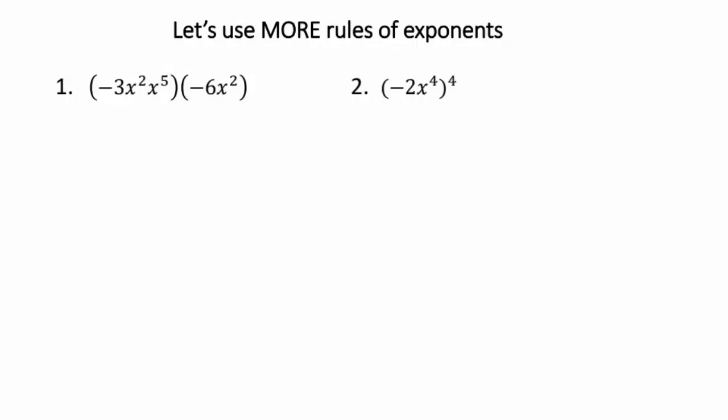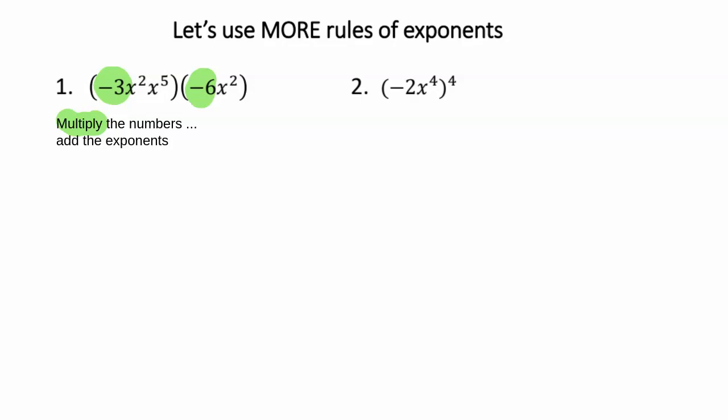Okay. Here we go. Now, multiply the numbers, add the exponents. Multiply the numbers, add the exponents. Well, -3 times -6, okay? -3 times -6 is multiplying the numbers.